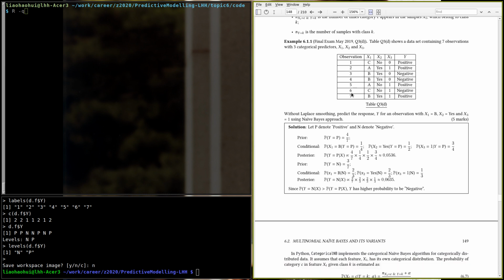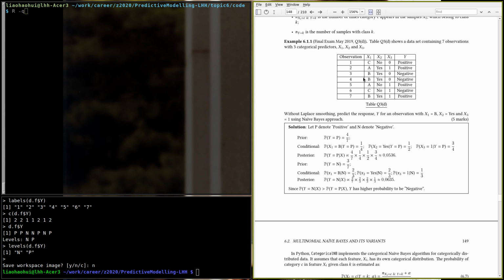This is a past year exam question. It has 3 columns: x1, x2, x3, and y is the output, or response, or target. Many names for it, right? The output is either positive or negative, categorical data.